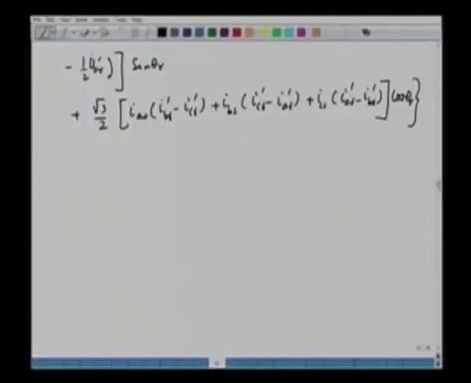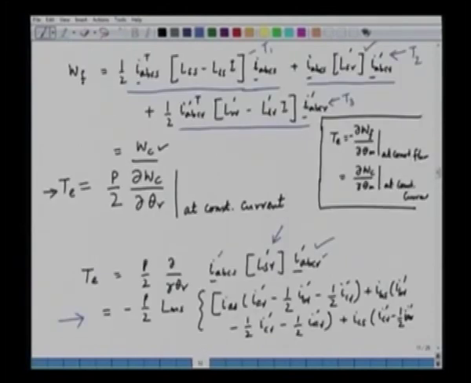As you can see here, we have the sin theta r component here, we have the cos theta r component here, we have i_AR prime, i_BR prime, i_CS, the stator phase C current, i_BS the phase B stator current, i_AS the phase A stator current, and similarly this also contains the rotor currents and the stator currents, and it is a little complex.